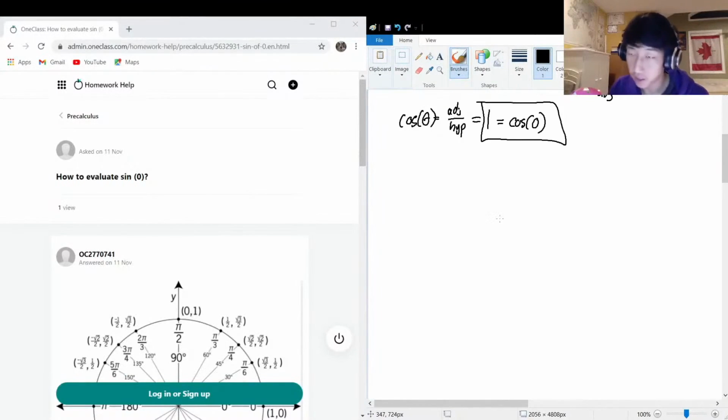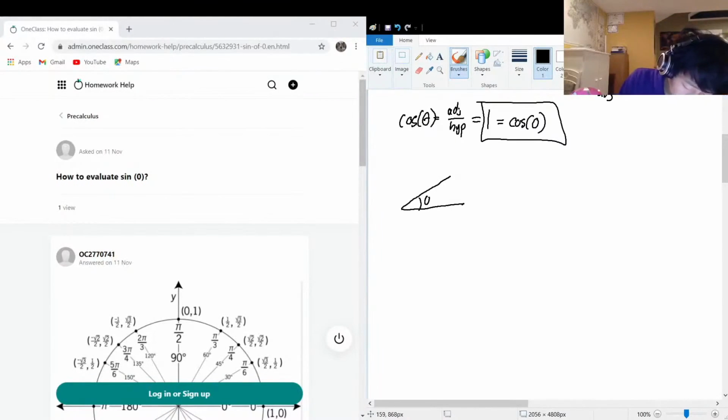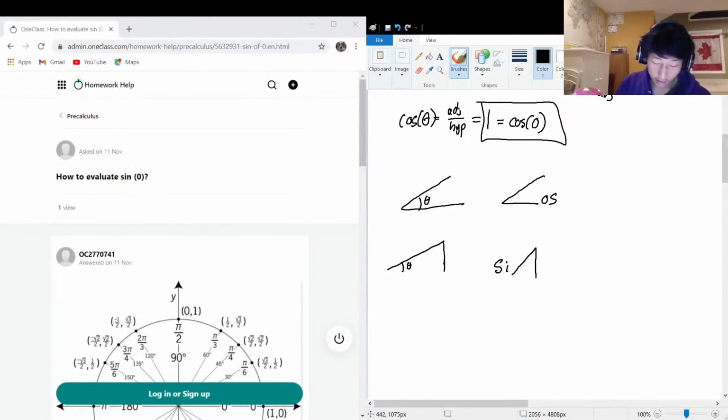A nice way that you can memorize things is, you know that you could see it as like cos. If you know that, this is for sine. And if you know that, well, is there an easy way to represent tan?